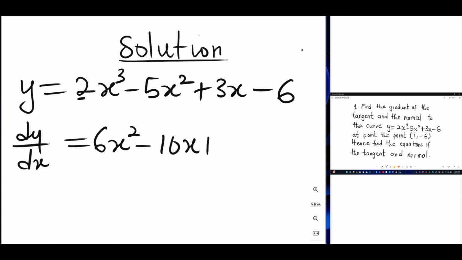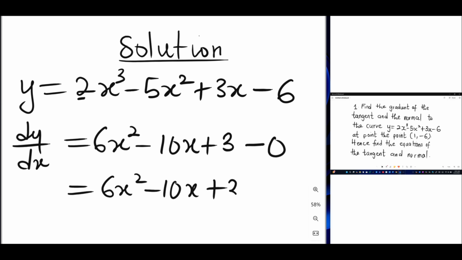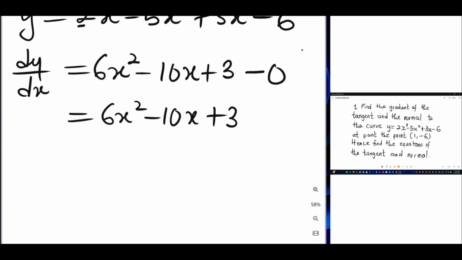When you differentiate 3x, we get 3. Anytime you differentiate a constant, the result is 0, so I make it minus 0. So our dy/dx becomes 6x² - 10x + 3. Now, this is just the gradient function.